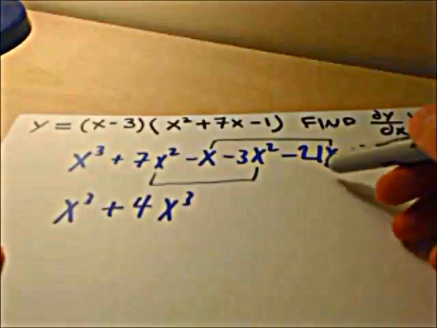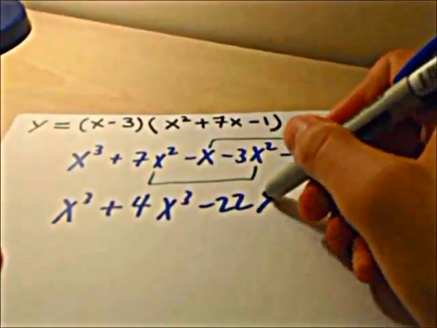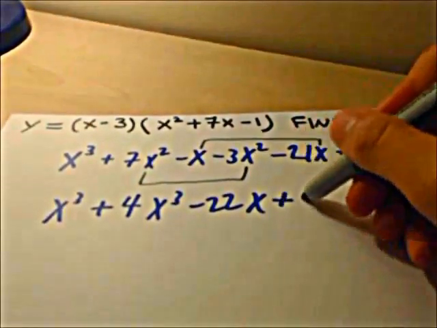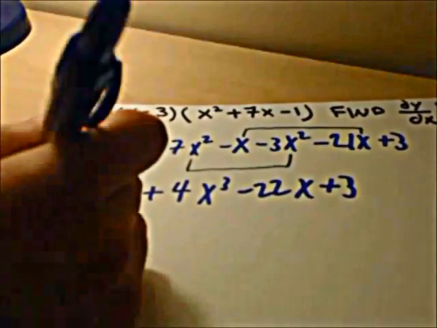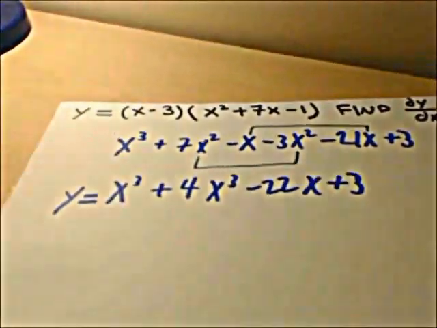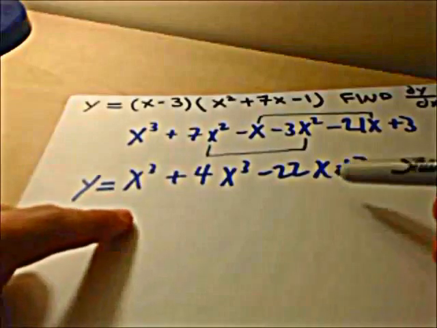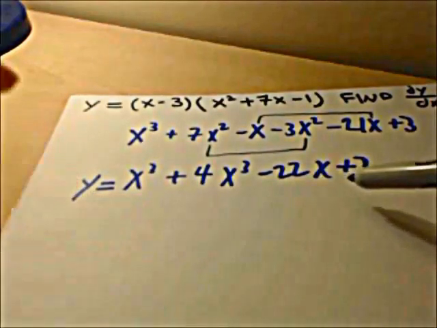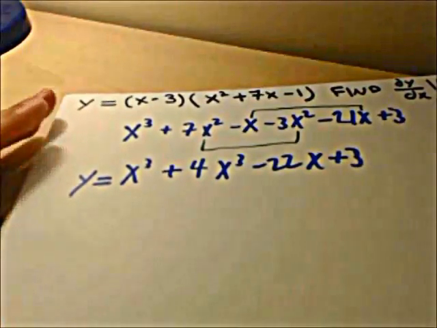And then minus x minus 21x is minus 22x. And then plus 3 comes along with it. So that equals y. So after we multiplied it and simplified it, we just find the derivative of that. So let's differentiate it then.